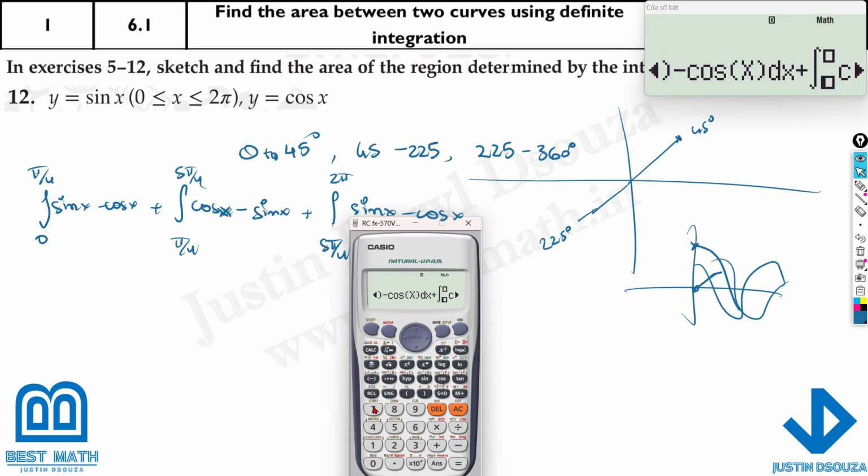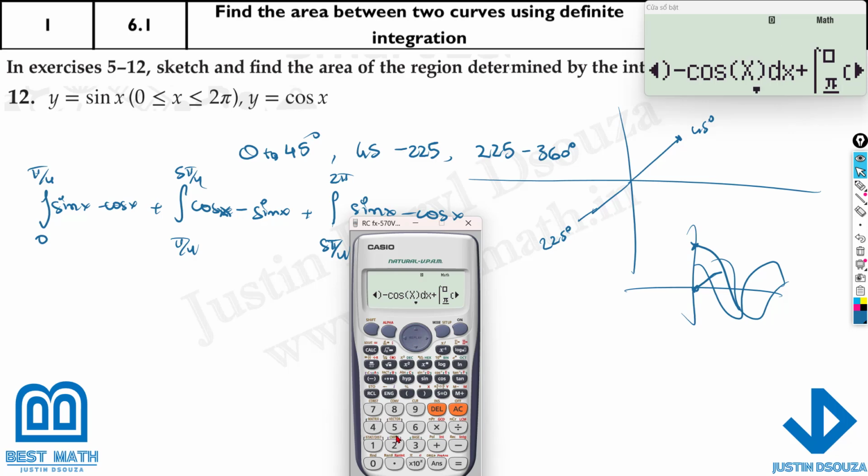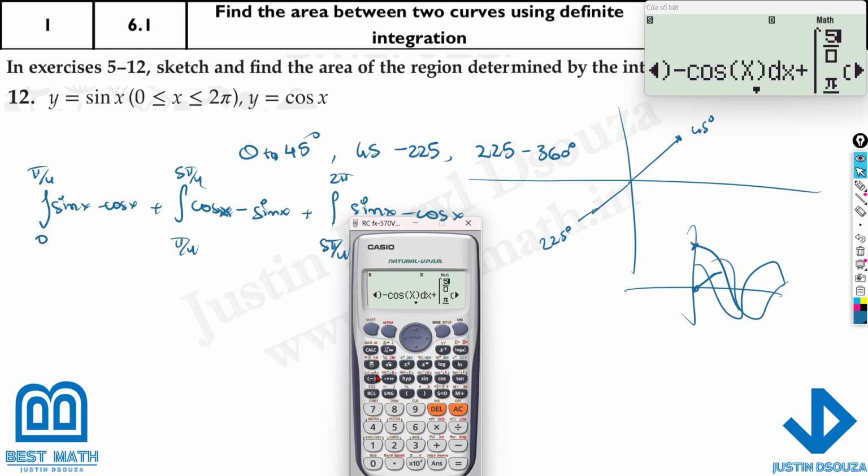And then we start from pi by 4 here, shift pi by 4, and we have 5 pi by 4. I pressed something wrong. Let me go back. Pi is shift and over here divided by 4. Okay, I'm doing too many blunders now.